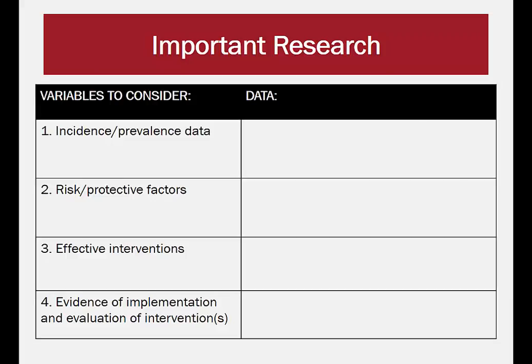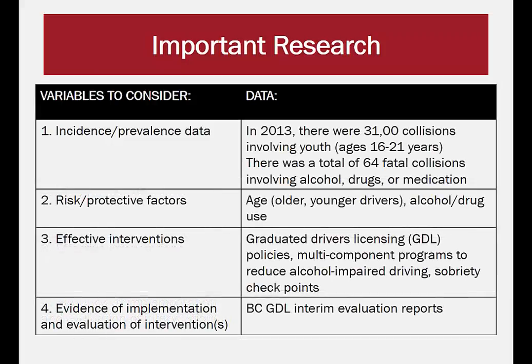Take a few minutes to choose one of these data elements and write down the specific data for that variable. Here are examples of data in each variable that can be presented to policymakers, specific to case number 1. These data can be presented to begin the conversation about a specific policy change to prevent a similar incident in the future. Compare these with your responses.